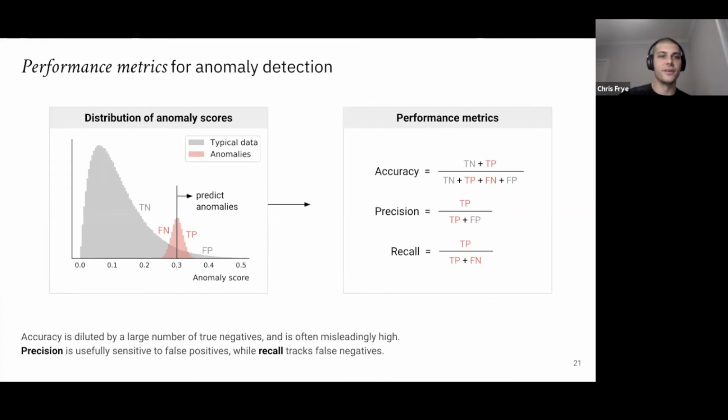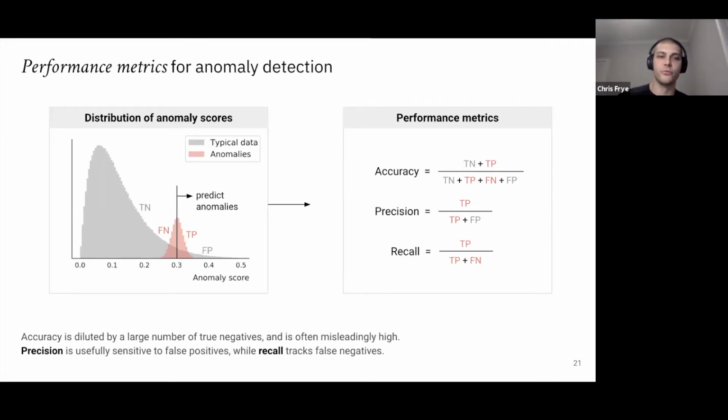So here on the left, let's say that we have a histogram of all these anomaly scores, where I've colored the true anomalies in coral and the truly non-anomalous data in gray. To actually make a prediction here, we need to choose a threshold. So let's say we put the threshold at 0.3. Above that threshold, we would predict that all the data is anomalous.